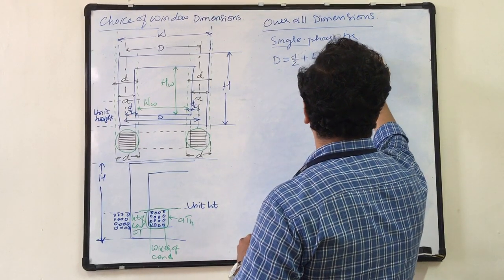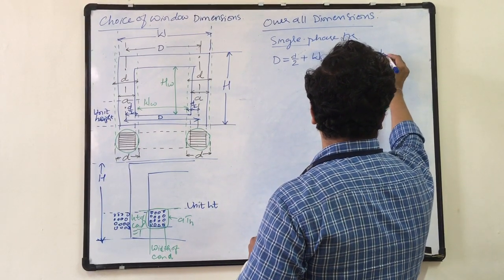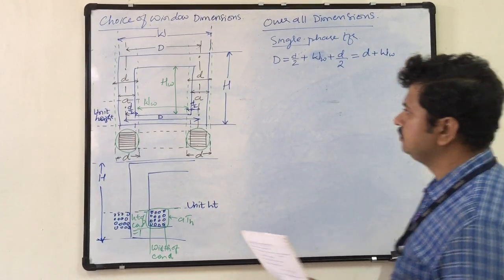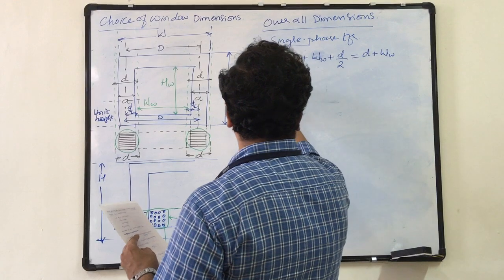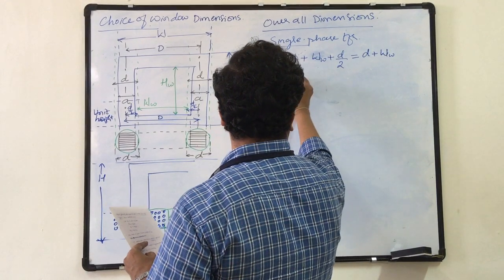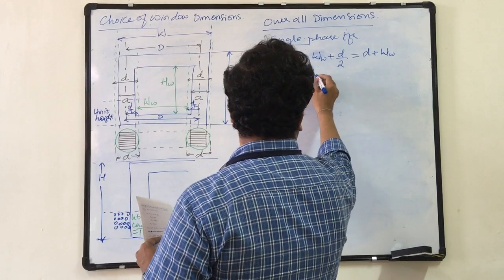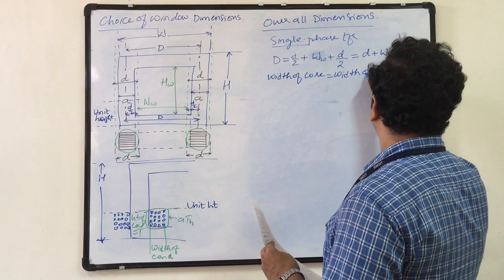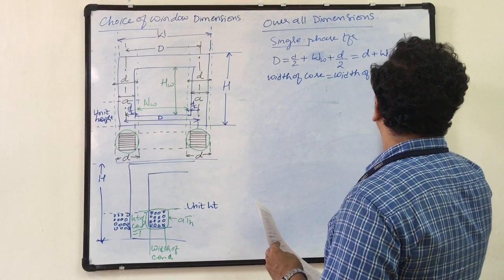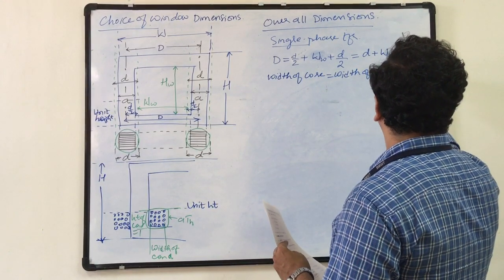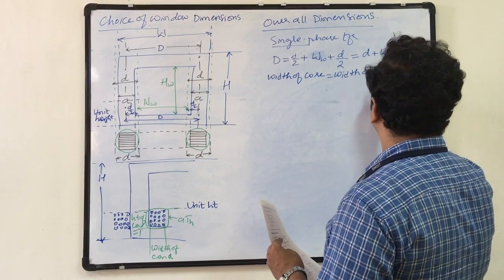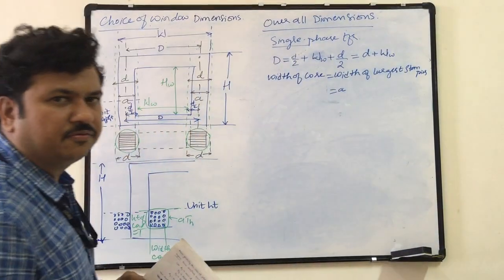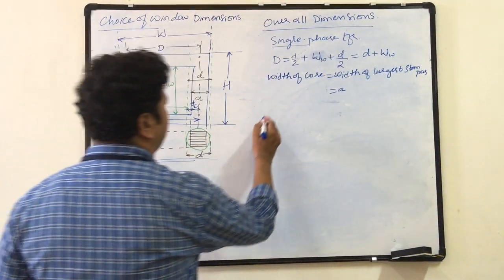This will be d plus W. Then width of core is the width of the largest stamping, that is nothing but A. Okay, width of core is nothing but A.